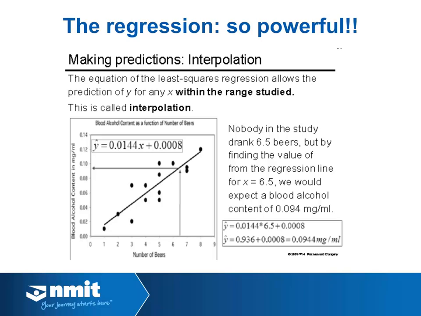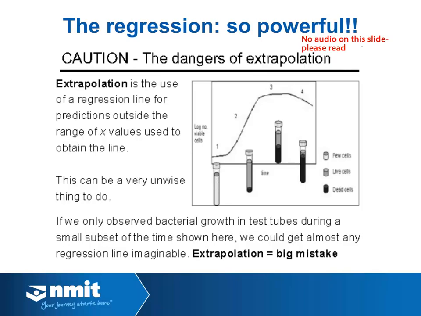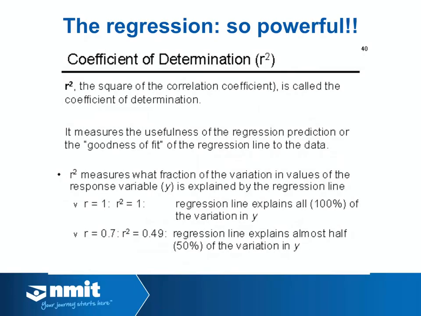So we need to only use this model for beer consumption between 1 and 8 beers, because that was the range of x-axis variables that we used to derive the model. So first of all, we don't extrapolate using our models.